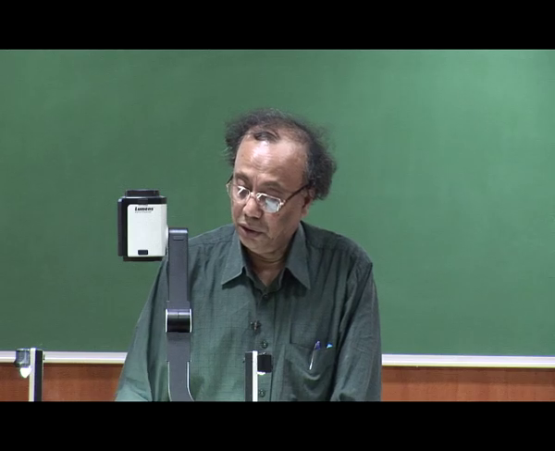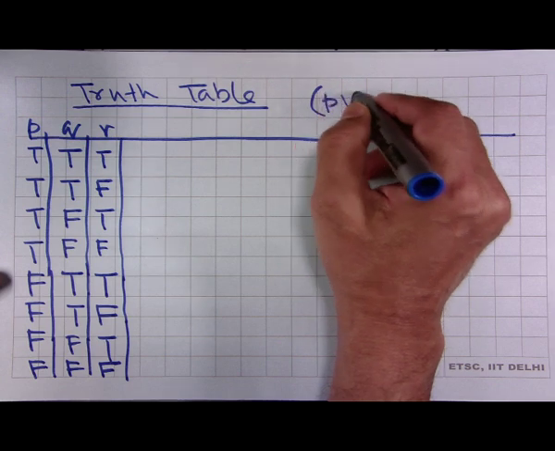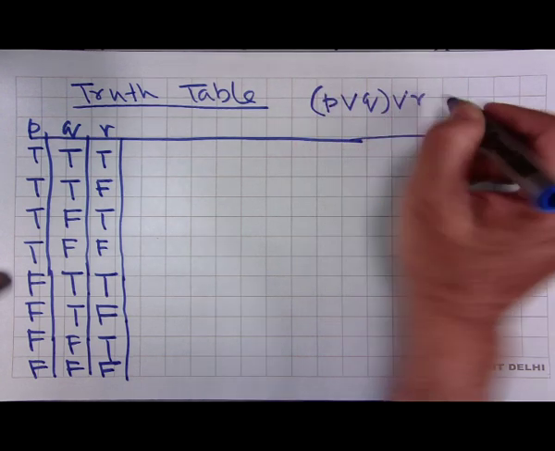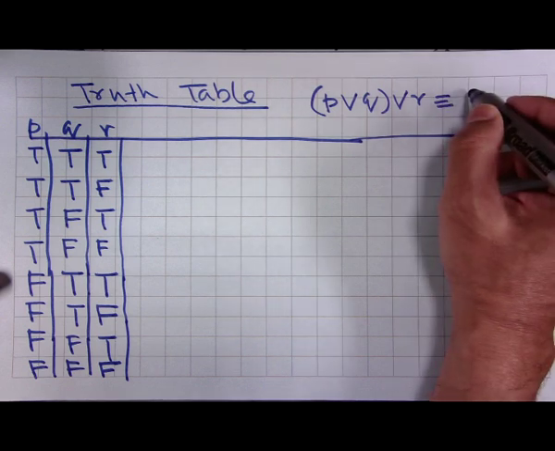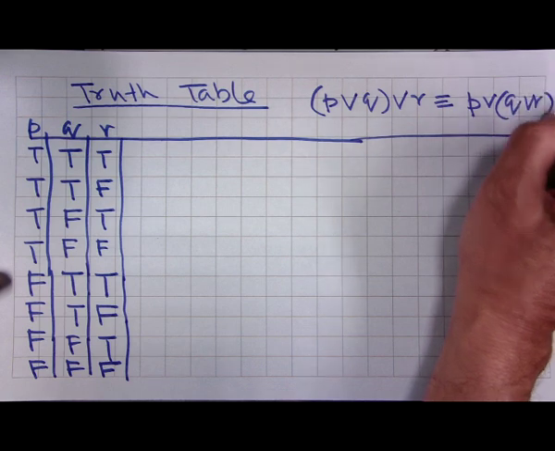What we need to show? We need to show whether (P or Q) or R is equivalent to P or (Q or R).